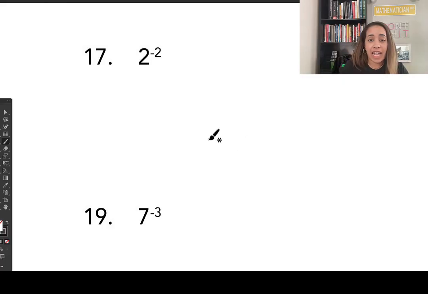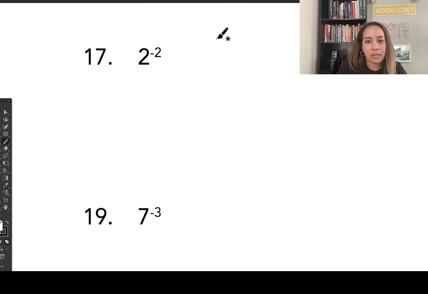Here are our last 4 problems. These have negative exponents. As we think about these, we are thinking about reciprocals, or you can also think of it just as a shortcut. Either way. As I look at the number 2, if I ask myself about a reciprocal, I'm trying to think about what fraction I would multiply 2 by to get a positive 1.